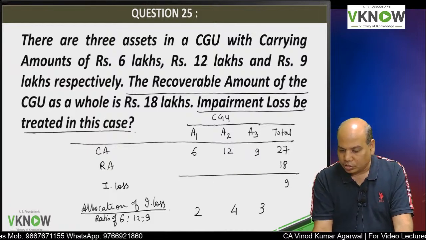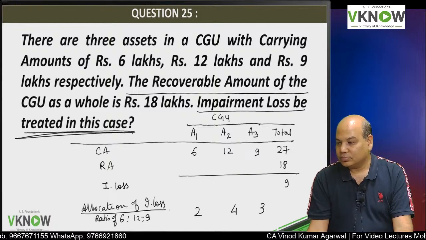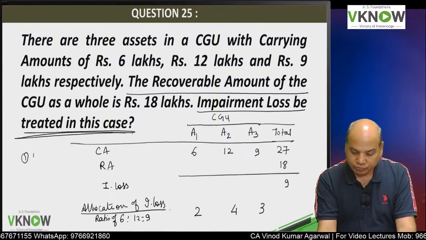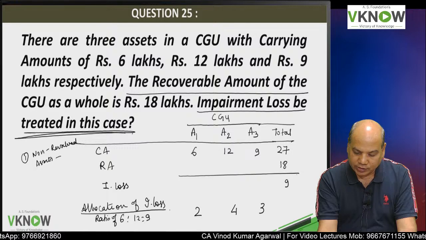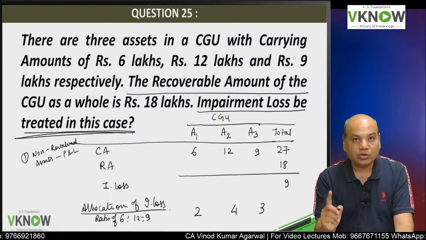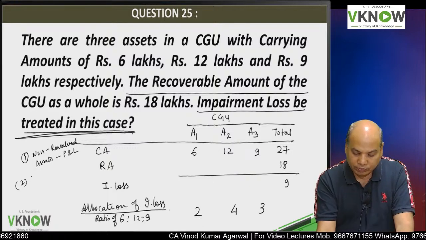And how will the impairment loss be treated? You will have to write a note. If these are non-revalued assets, impairment loss will be transferred to the P&L account.